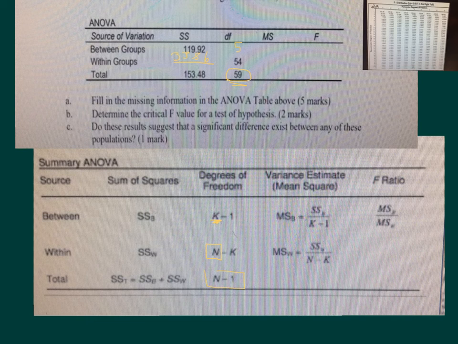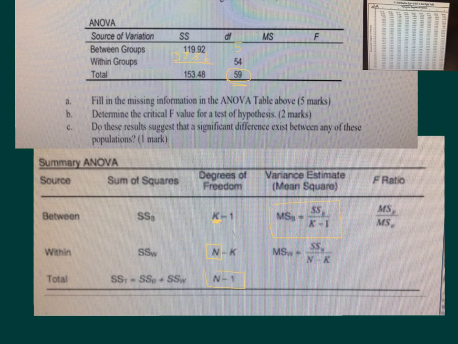Okay? So when we look at the MS value, again, this chart I think is really helpful. Maybe if you have it printed off or something to go by. The between value is calculated using this formula.